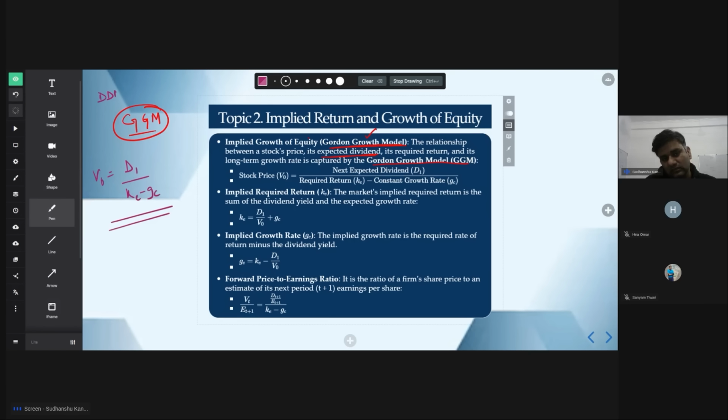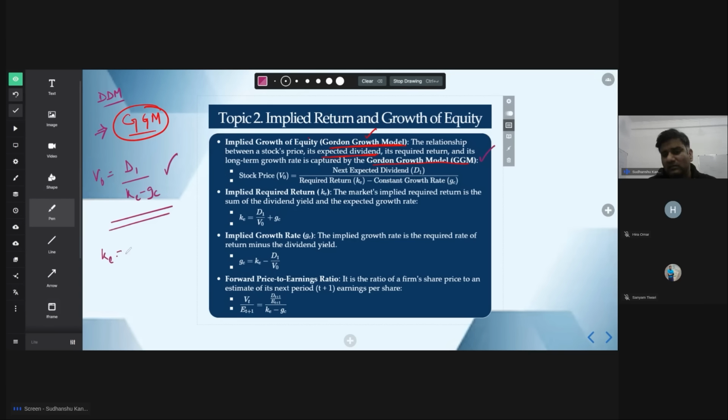Another fancy name for DDM is GGM. Earlier we did not study the name; now we are putting the name to it. From this model you can calculate your KE.